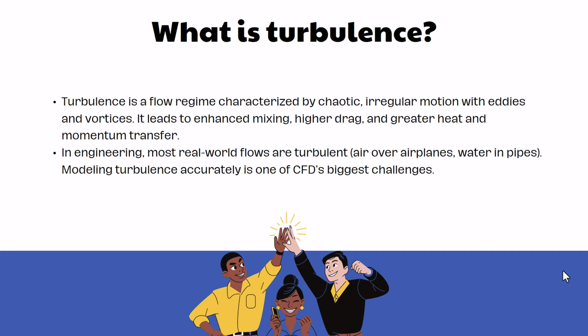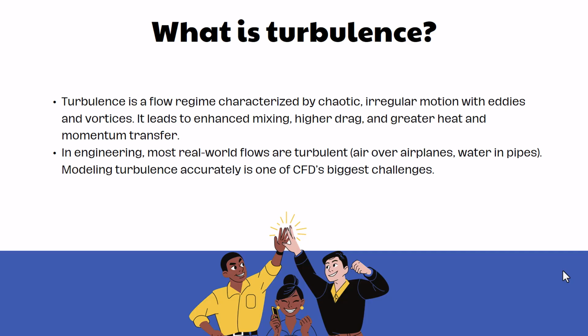Next is: what is turbulence? Turbulence is a flow regime characterized by chaotic, irregular motion with eddies and vortices. The flow which is chaotic, has very irregular motion and forms eddies and vortices is called turbulence. Turbulence leads to enhanced mixing, creates higher drag, and gives greater heat and momentum transfer.